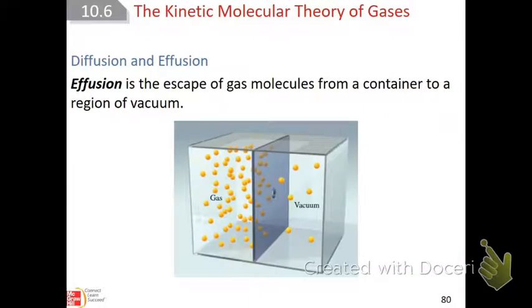Effusion is a gas that has more particles escaping into where there are fewer particles, or a vacuum. There's a tiny hole in a balloon or whatever, and the gas leaks out or seeps out of that hole into where there's a vacuum.